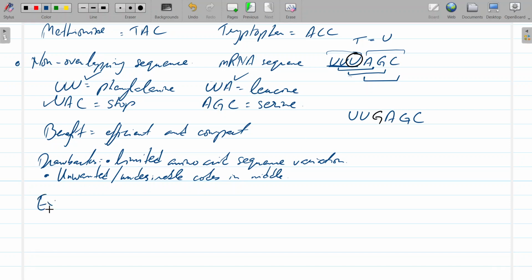So the experiment used E. coli bacteria and made point mutations.